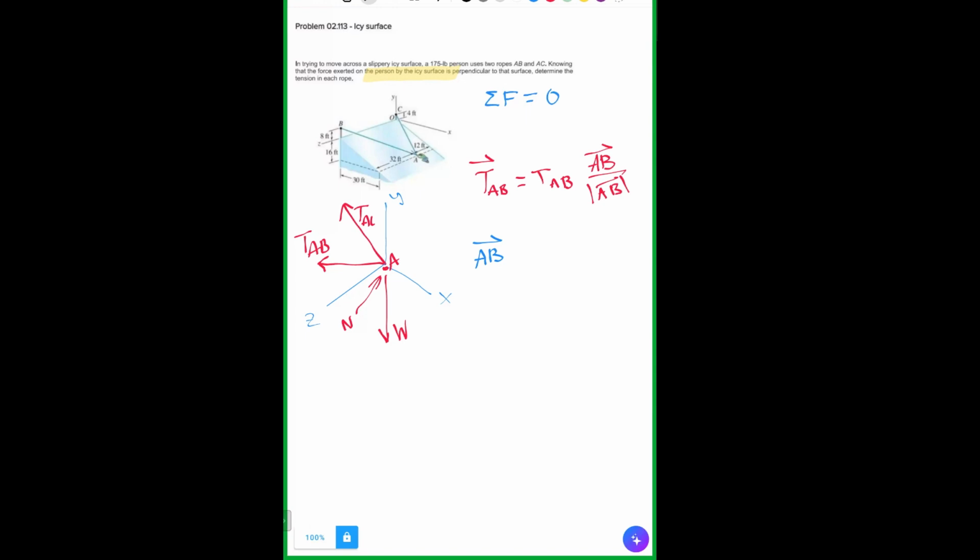It will equal negative 30i, because this direction here is positive and we're moving in the negative direction. And then in the y direction, we are moving up, so we'll have positive 24, because that's 16 plus 8.